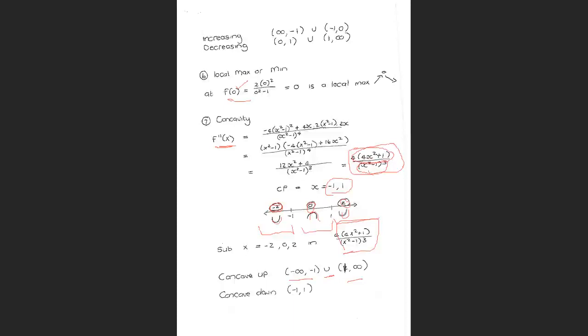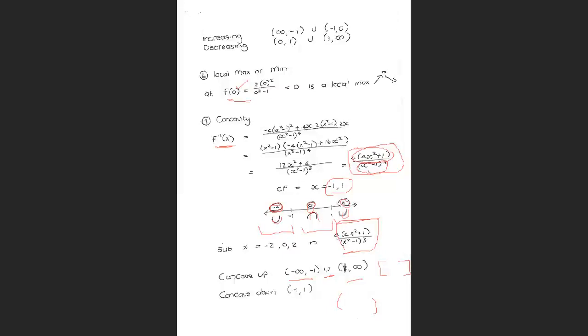Whenever you give me an interval of increasing, decreasing, or concavity, use round brackets, always. Don't try to include the endpoints, because it's an observation that we're trying to make. We want to see the behavior of the function when I approach an asymptote. You understand? So you can't be trying to include the endpoints as well.